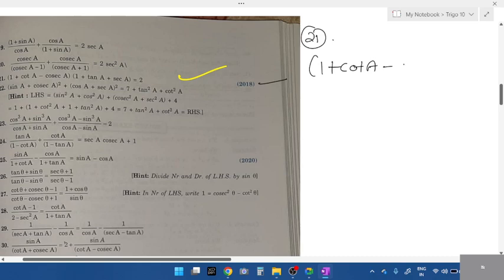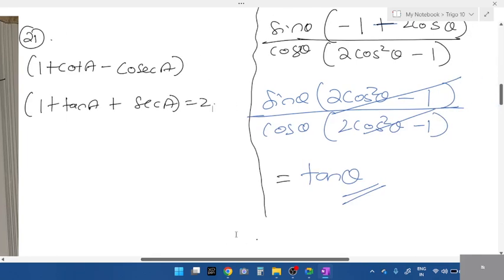Another 10-15 minutes. 1 plus cot A minus cosec A. Wait, let me write the question first. 1 plus tan A plus sec A is equal to 2. And mention the year 2018.